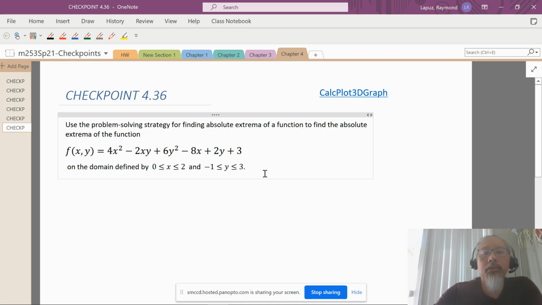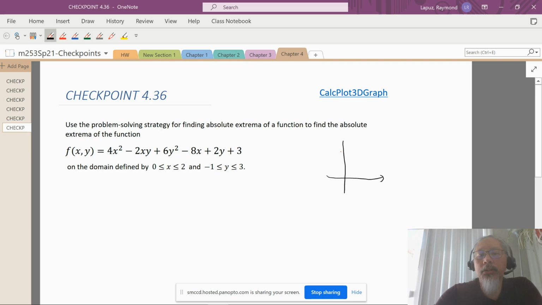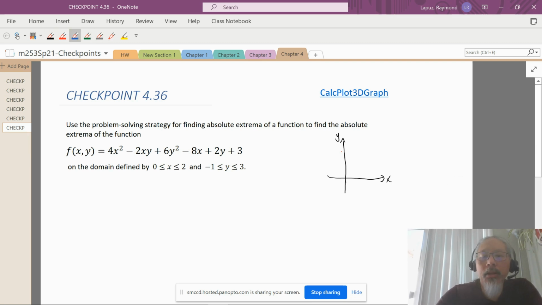I think it would be good to start off by drawing out that region on the xy plane and identifying what it is we're dealing with here. So 0 to 2 for x values and -1 to 3 for your y values, and we have this rectangular region.